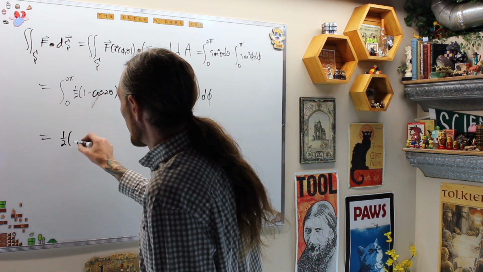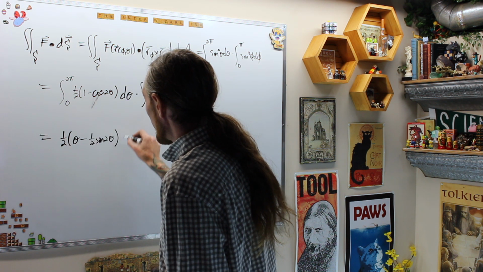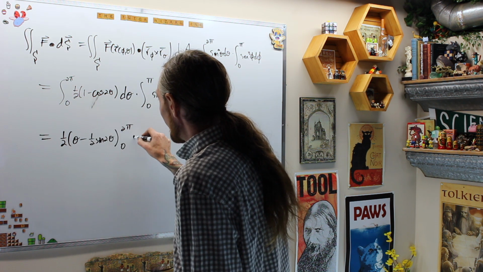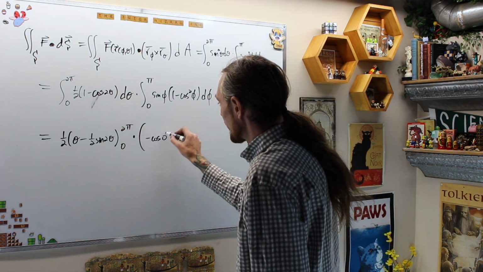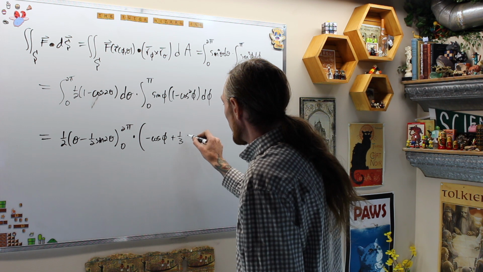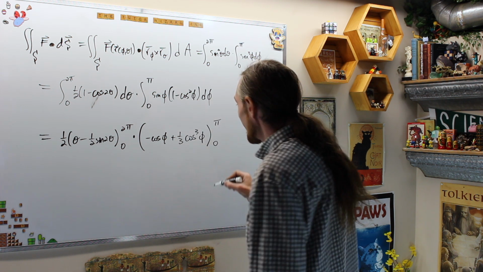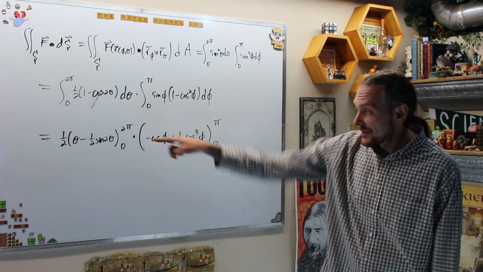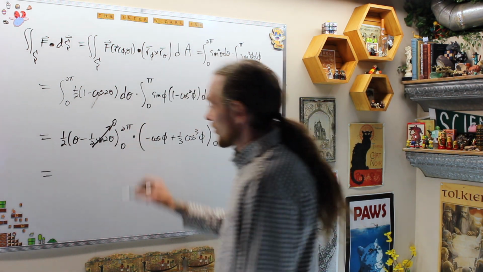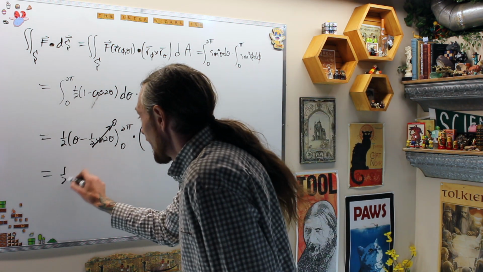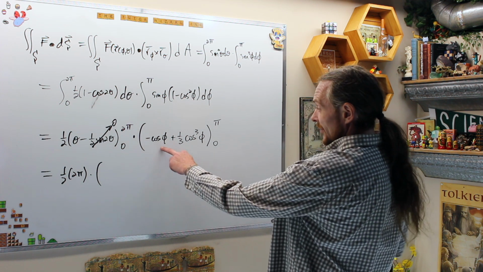1/2 theta minus 1/4 sine 2 theta evaluated from 0 to 2 pi times this one is going to give me negative cos phi plus 1/3 cos cubed phi evaluated from 0 to pi. Once I do that, and I can put these bounds in, what do I get? Here again, this one is 0, and I'm going to get 1/2 times 2 pi times, and now here we have to be careful.